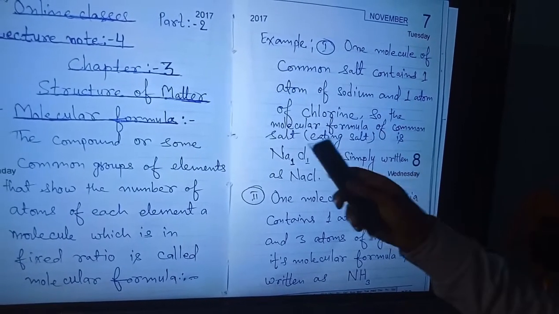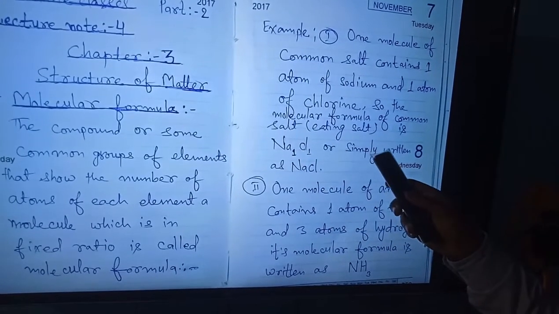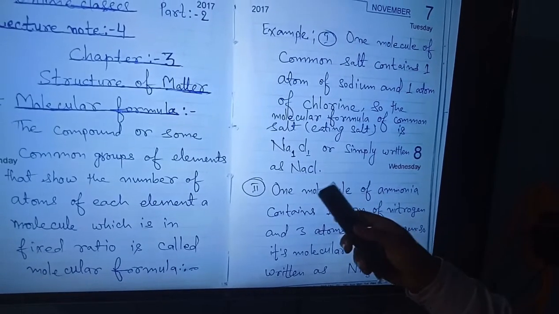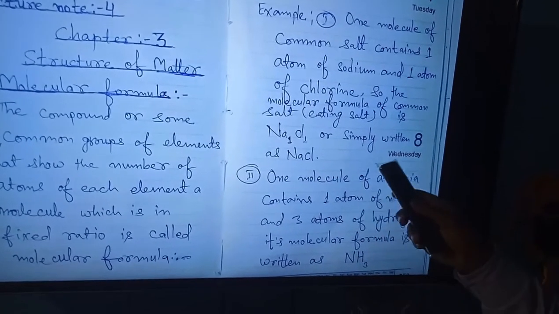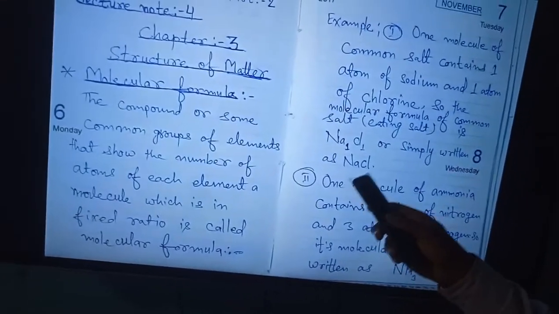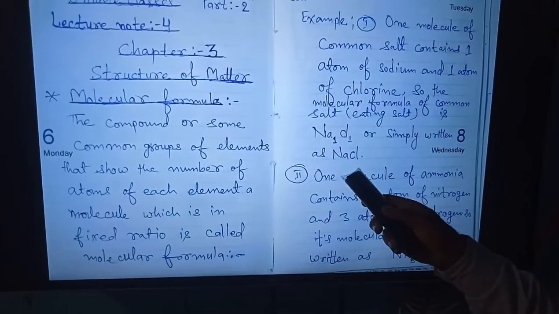So the molecular formula of common salt, eating salt, is Na1Cl1, or simply written as NaCl. That is the final molecular formula of common salt, sodium chloride.